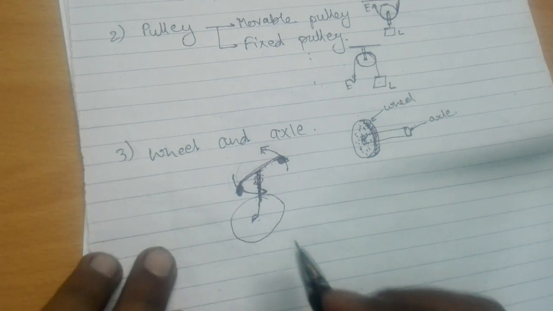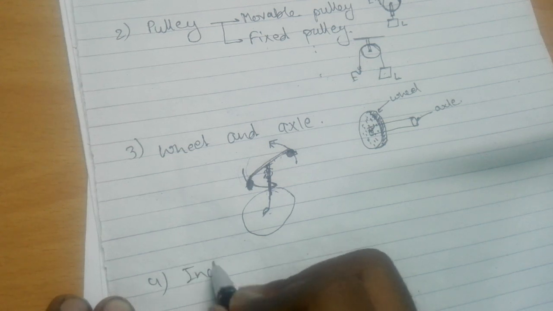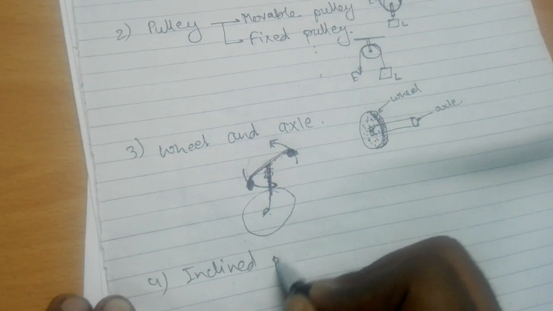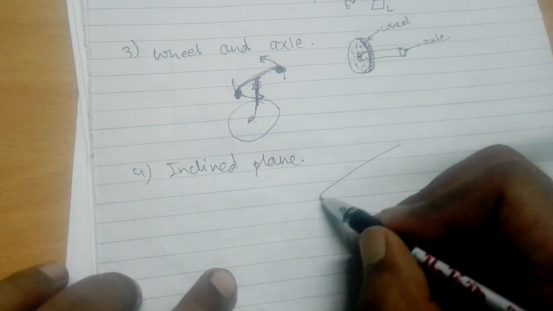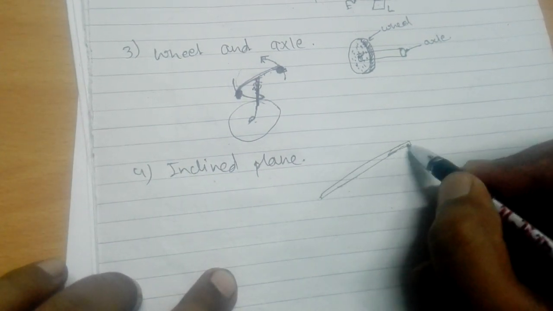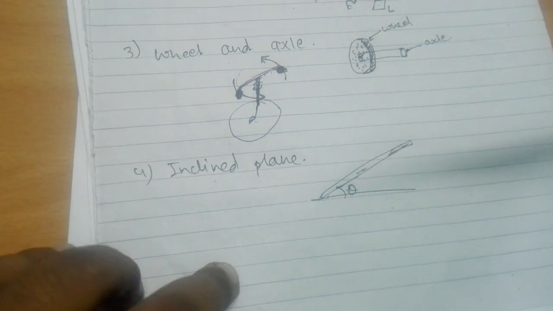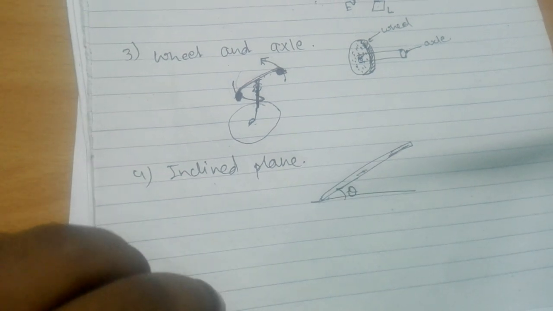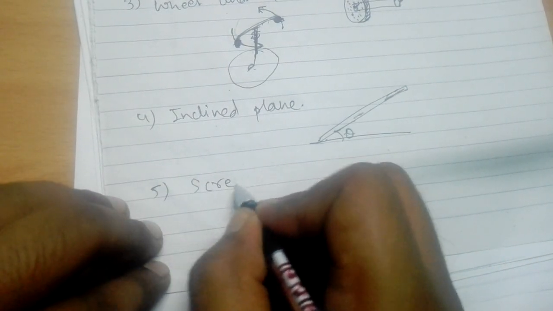Okay, next one we have is inclined plane. Inclined plane is just a simple plain surface which is held at a certain angle to the ground, like a ramp. And next one we have is screw.